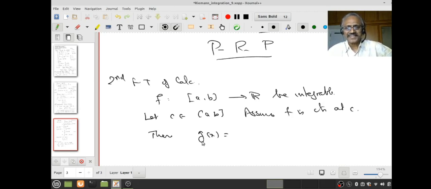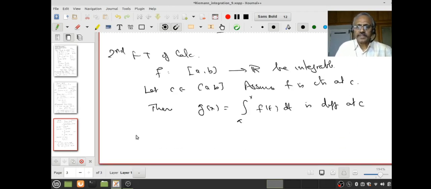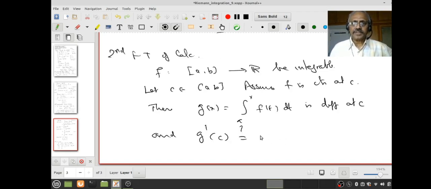Can you make a guess? Yes, it should be differentiable. Yes, g(x), namely the integral from a to x of f(t) dt, is differentiable at c. Once it is differentiable at c, I may want to know what g dash is, what g dash of c is. Remember, what was our aim today?